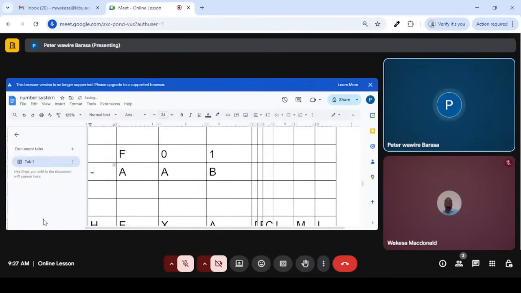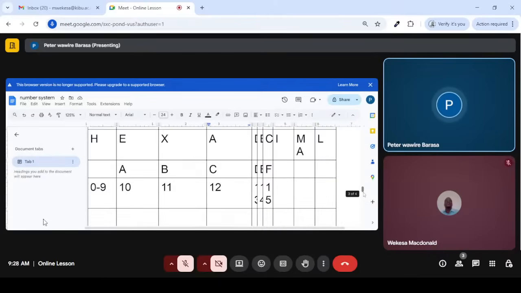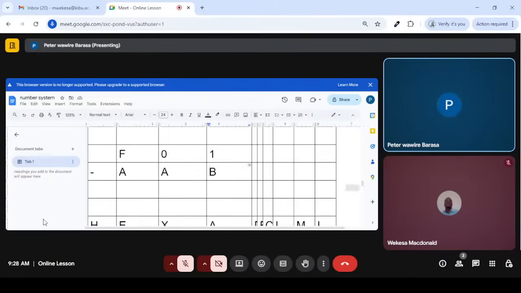So F01 minus AAB. AAB is in base 16. F01 is in base 16. So when you start now, you cannot subtract B because B is the equivalent of 11. B is 11. So you cannot have 1 minus 11. 1 minus 11 is not possible. So we must borrow.